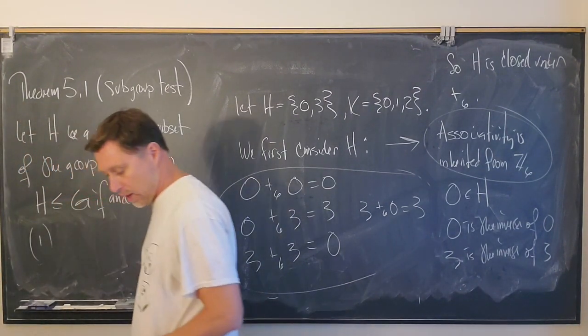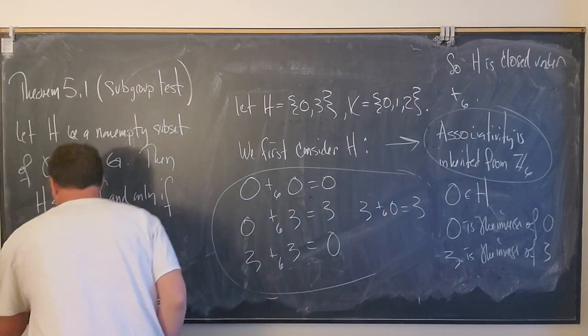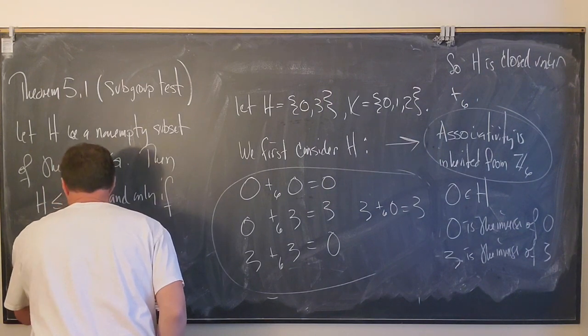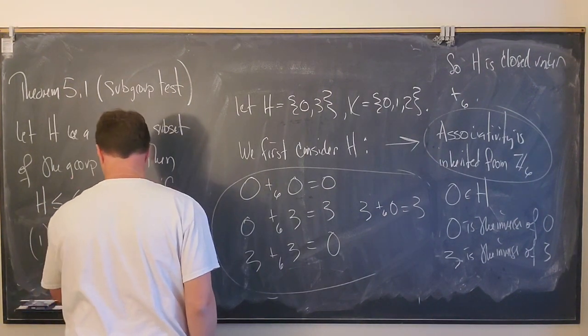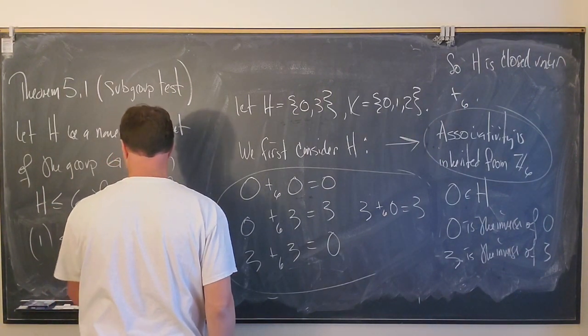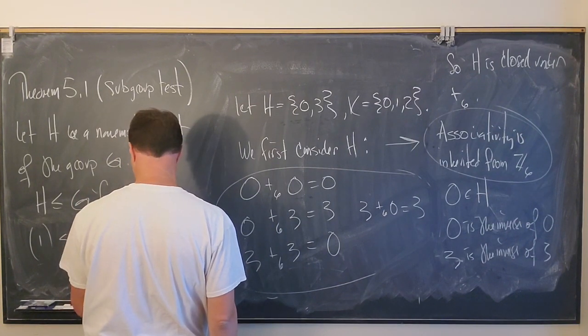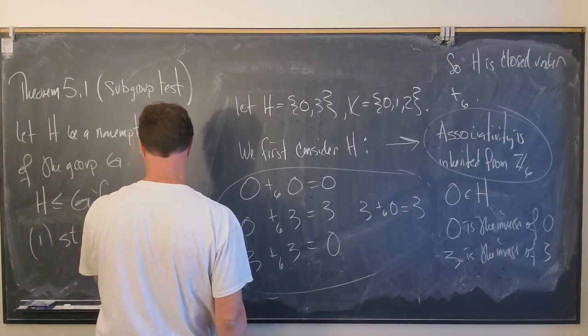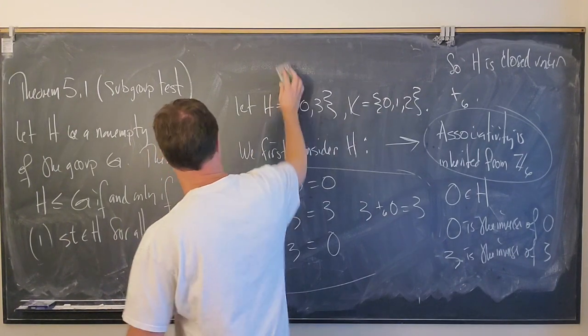Property 1: s times t is an element of H for all s and t in H.